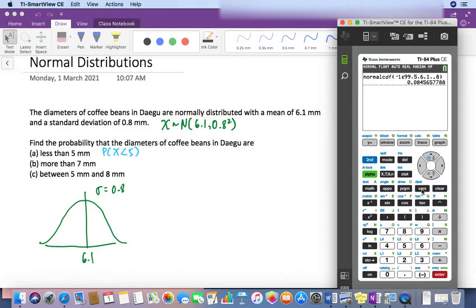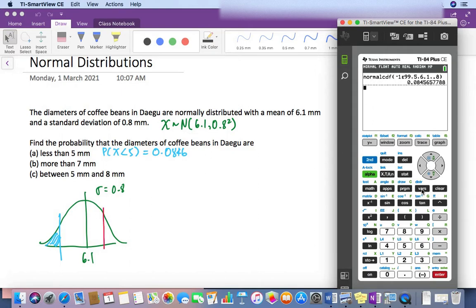So we're going to say 0.0846 to 3 significant figures. So if you were to draw that somewhere here, x less than 5, maybe this is the area that we actually are referring to.